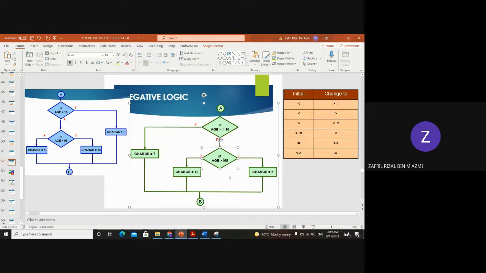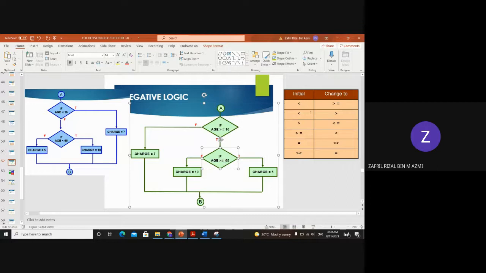More than 65. Hold on. I think this is based on the situation. I think it's supposed to be more than or equal, something like this. The same. So more than or equal.